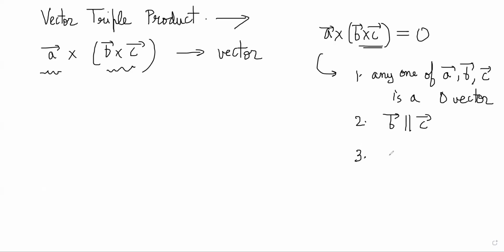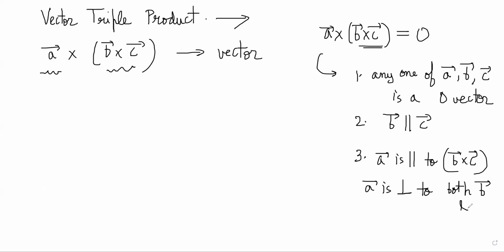And the third condition is A is parallel to B cross C, which means A is perpendicular to both B and C. Then it will be parallel to B cross C, and the angle between the two vectors is zero, so the cross product of those two will be zero. So these are the conditions when the vector triple product is zero.